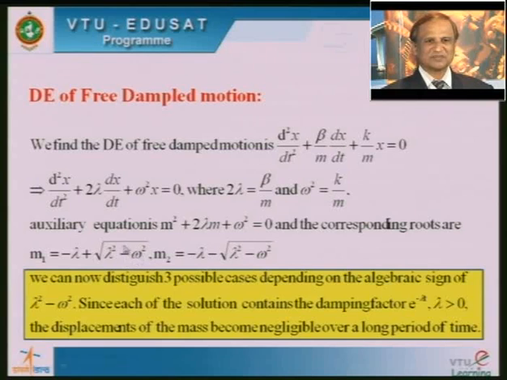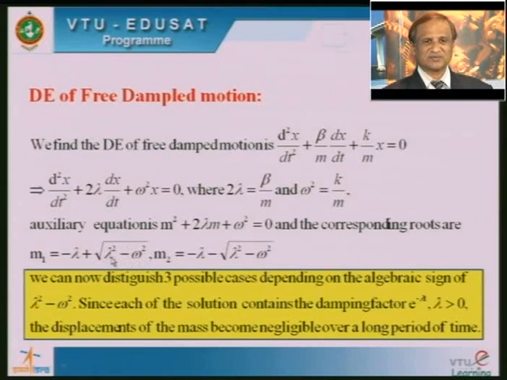So what is the meaning of these things? We want to verify. We can now distinguish 3 possible cases depending on the algebraic sign of lambda squared minus omega squared. What is the sign of lambda squared minus omega squared? We do not know the value of lambda or omega.